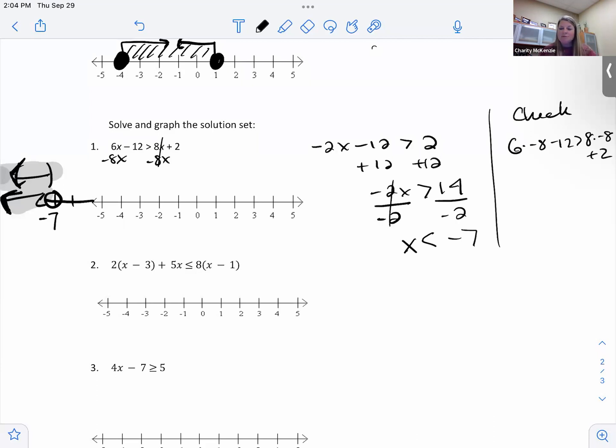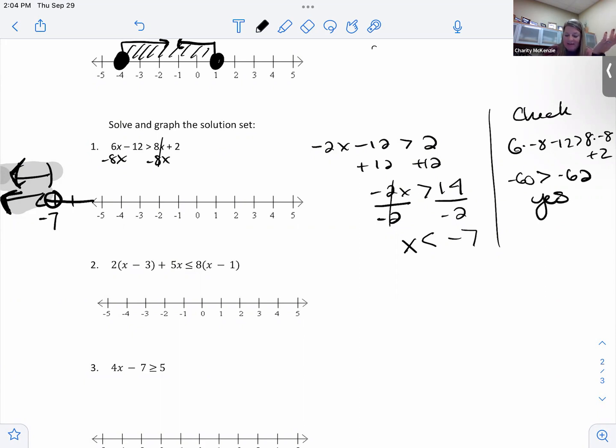I'm just going to calculate it real quick. 6 times negative 8 minus 12 is going to give me negative 60, is greater than 8 times negative 8 plus 2, which gives me negative 62. Negative 60, is that greater than negative 62? Yes. It's negatives, right? So yes.